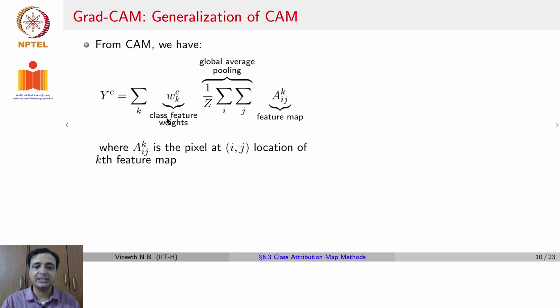You have the class weights for each of these feature maps, and (1/Z) summation over i, summation over j, A_ij^k is going to be your global average pooling of each of the K feature maps. In CAM we know that these w_k^c, where c corresponds to the weight for each class and k corresponds to the weight for each activation map, are what we learn through linear models in that last layer. Now let's go from there.